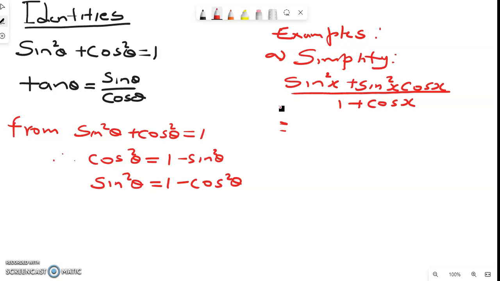Between these two terms, there is a common factor of sine square x. You can write that as sine x times sine x plus sine x times sine x cos x. Then you will see that the highest common factor is sine square x.